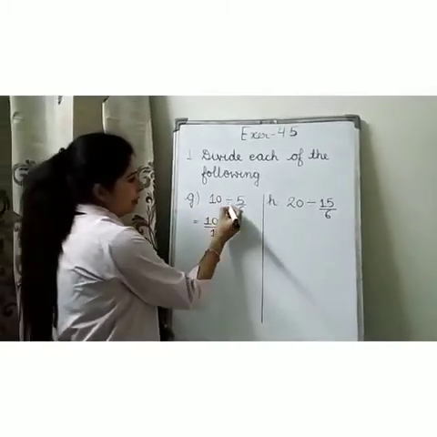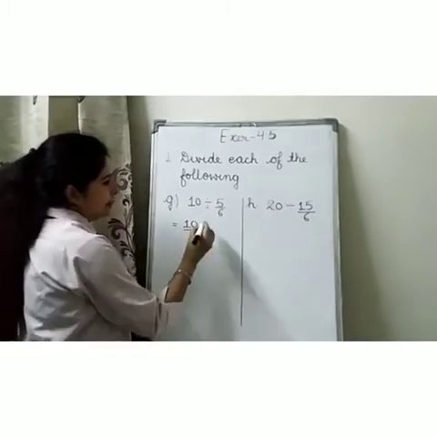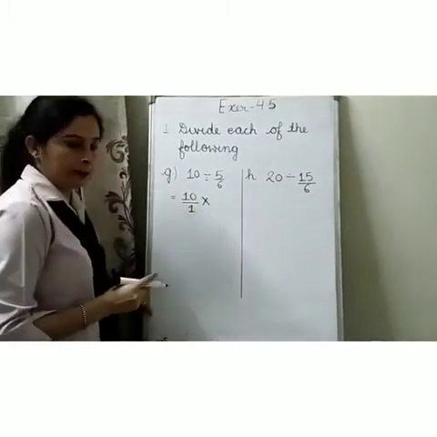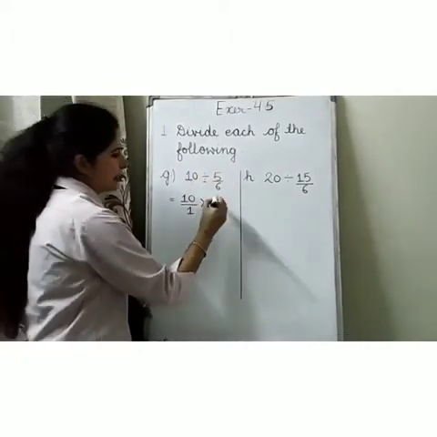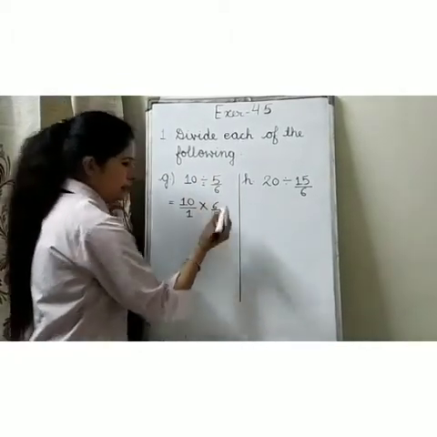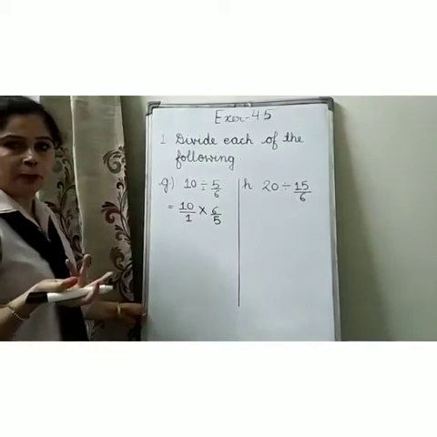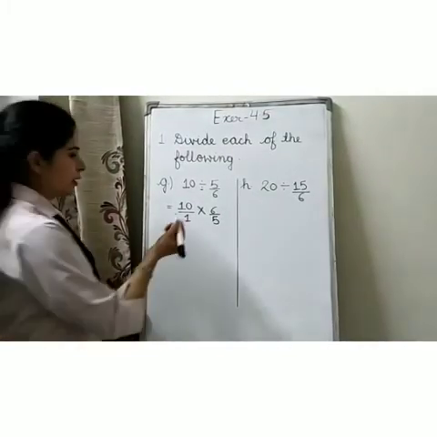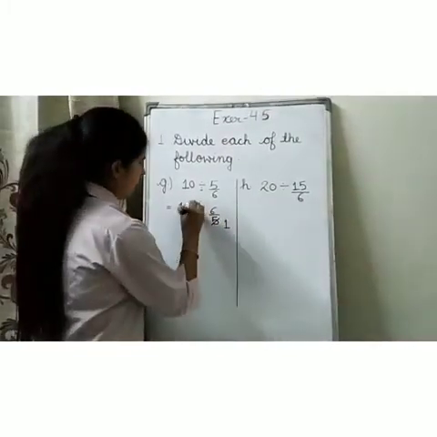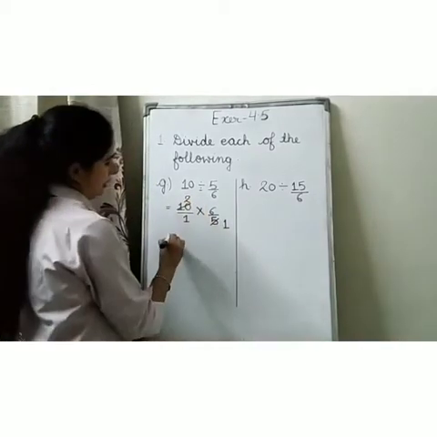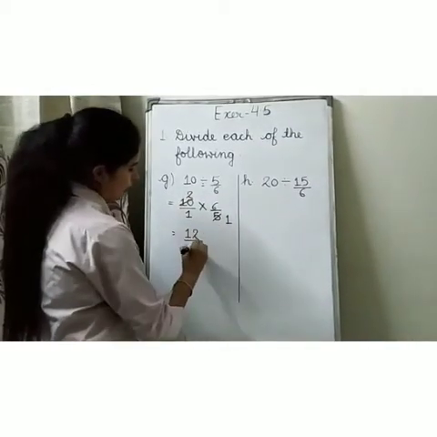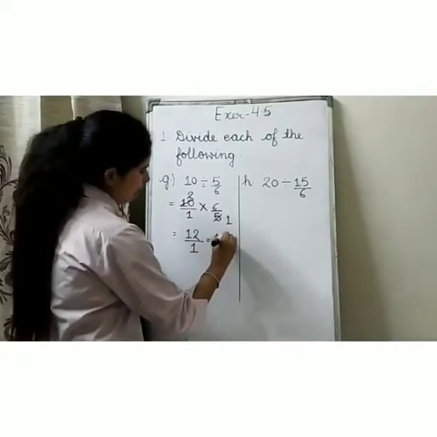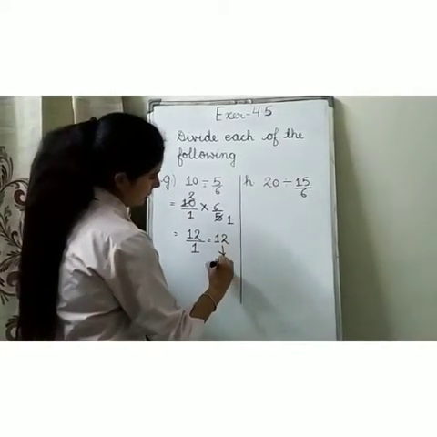The next step, change the divide sign into multiply and write the multiplicative inverse of 5 over 6. That will be 6 over 5. Now it is a simple multiplication question that we have done before. So do the cutting. 5 ones are 5, 5 twos are 10. 2 sixes are 12. 1 ones are 1. Means 12 is the answer.